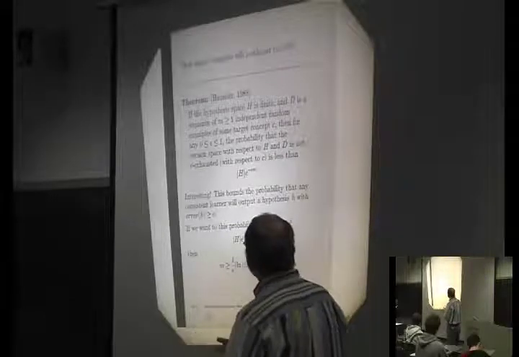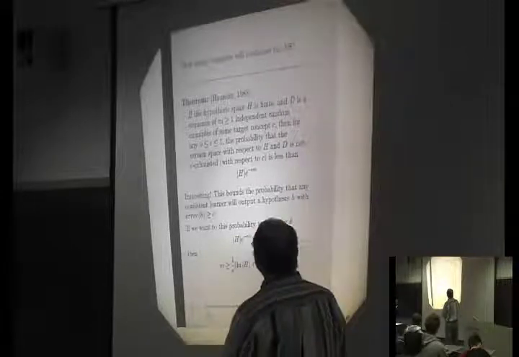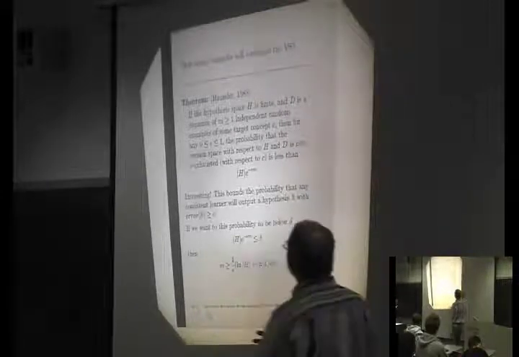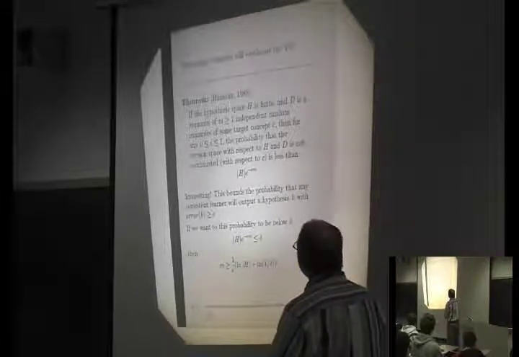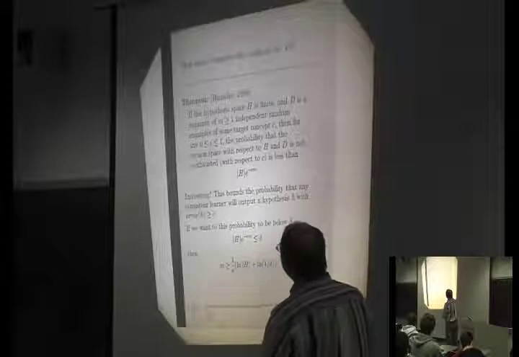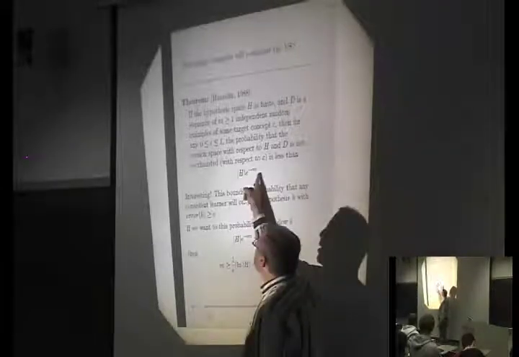Suppose the hypothesis space is finite, and we have a sequence D of m independent random examples of some target concept C, and suppose epsilon is some small number, which is our threshold of approximation, then the probability that the version space with respect to H and D is not epsilon exhausted, the probability that there are still too many undesirables in it, is less than this number.